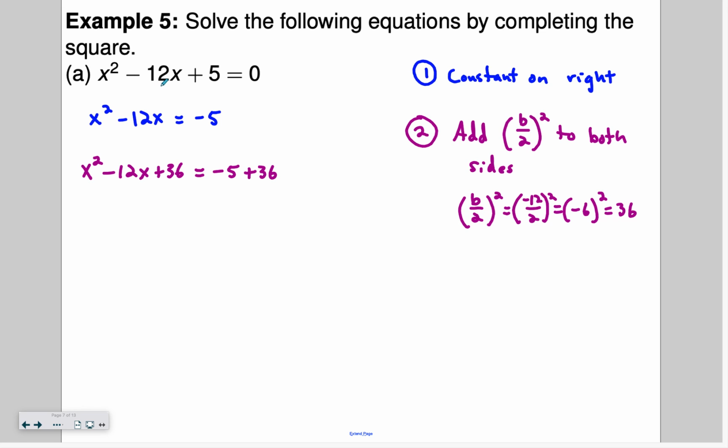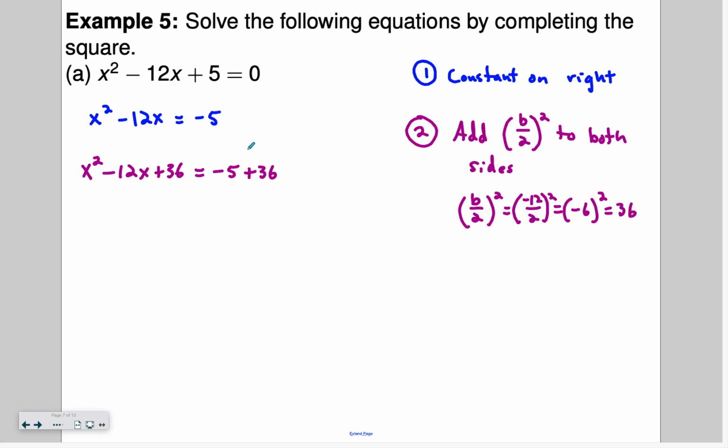But this actually has 2 real number solutions. It's kind of exciting. So what we're doing is we're saying, I don't like this quadratic. I want to make it a little bit easier. So we push that ugly 5 out of the way and we say, let's live in a happy land where 36 is the number on the side. Well, hey, I can find factors of 36 that add to 12.